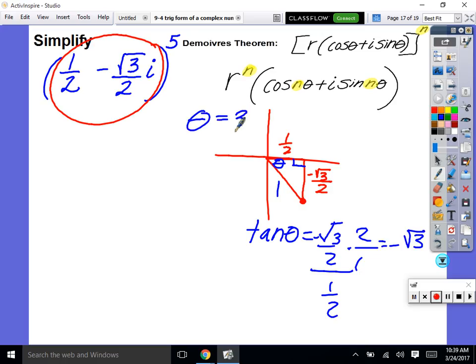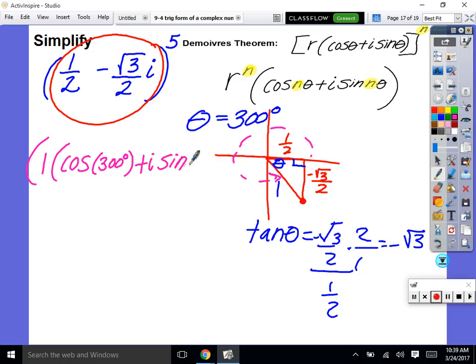So theta equals 300 degrees. Perfect. So now we can convert it. We would have our radius, which is 1 times cosine at 300 degrees plus i sine at 300 degrees.